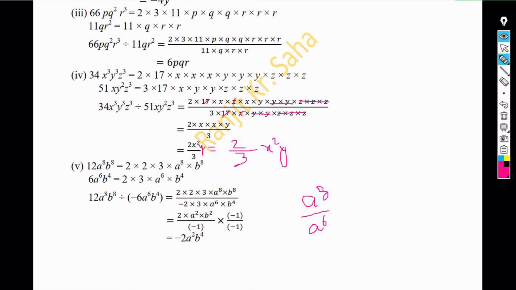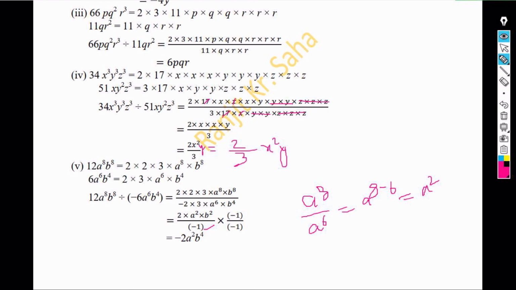You can write it a to the power 8 minus 6 equals a to the power 2. Finally, you will get in the numerator 2 into a square into b square divided by, after cancelling all the terms in the denominator, you will get only minus 1.